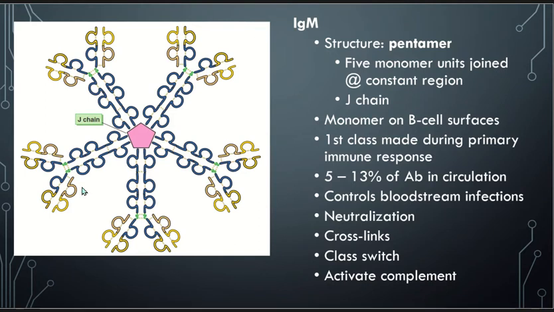And because it forms this pentamer, you have 10 possible epitope binding sites, which makes it a super efficient cross-linker and complement pathway activator.